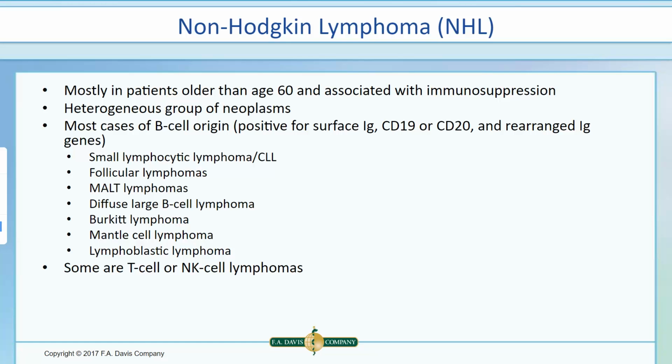Heterogeneous group of neoplasms, and most cases of B-cell origin, positive for surface Ig, CD19 or CD20, and rearranged Ig genes. Small lymphocytic lymphoma, follicular lymphomas, MALT lymphomas, diffuse large B-cell lymphoma, Burkitt lymphoma, mantle cell lymphoma, and lymphoblastic lymphoma. Some are T-cell or natural killer cell lymphomas.